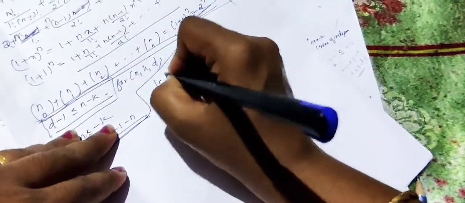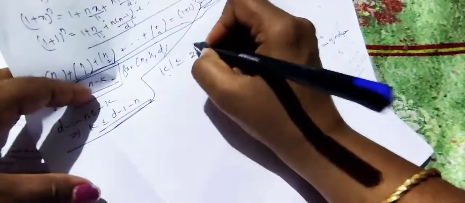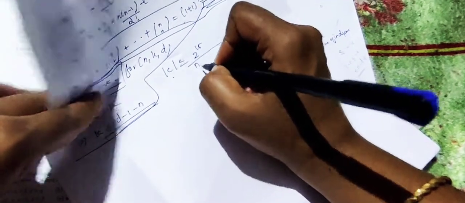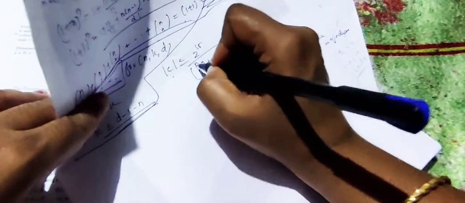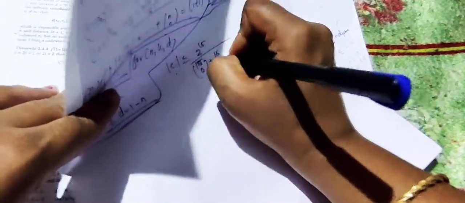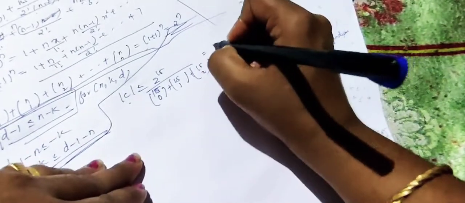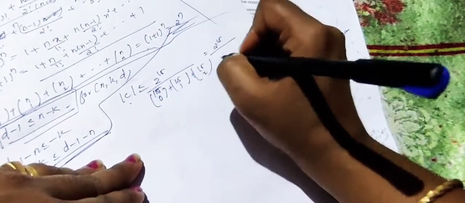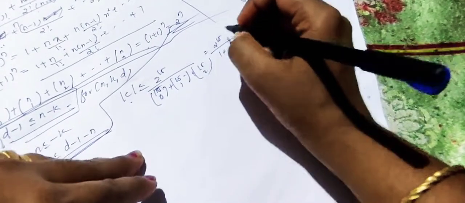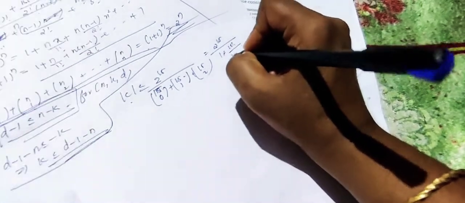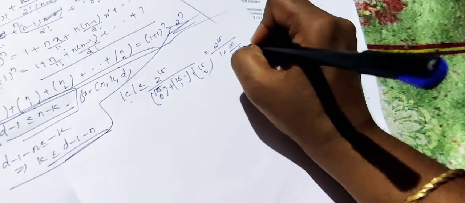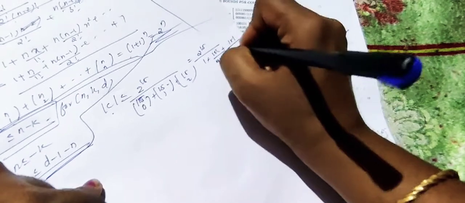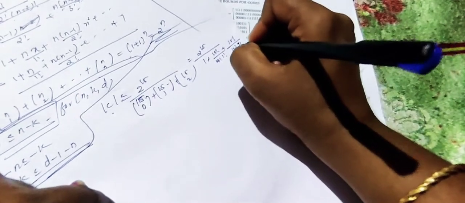So n is equal to 15. The size of the C is less than or equal to 2 raised to 15 divided by 15 choose 0 plus 15 choose 1 plus 15 choose 2. Which is equal to 2 raised to 15 divided by 1 plus 15 factorial divided by 14 factorial into 1 factorial plus 15 factorial divided by 13 factorial into 2 factorial.